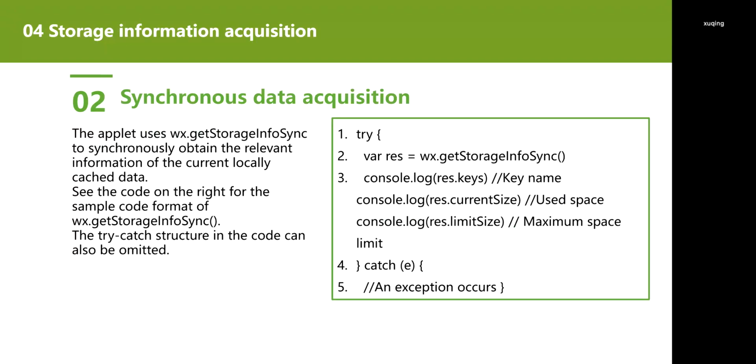We have the code here on the right for the sample code format of WeChat get storage info sync, and we have the try catch structure here, and we can omit this structure also. Here we see the difference. Here is more clear than before.